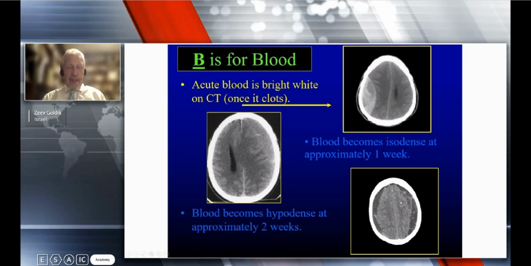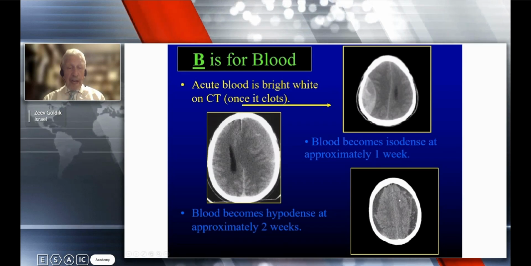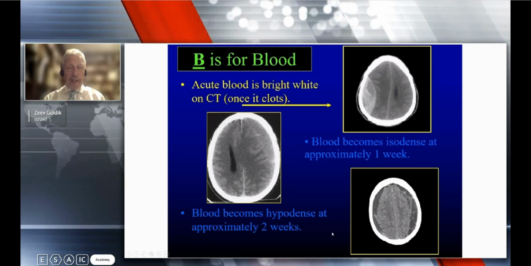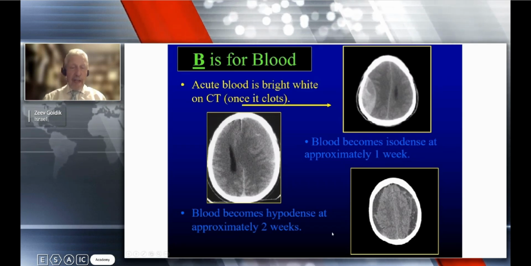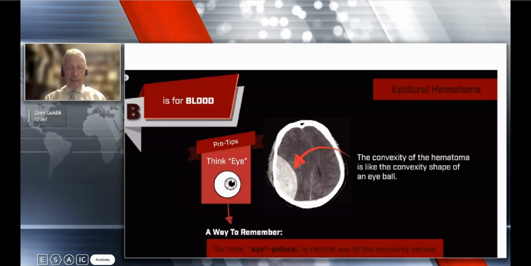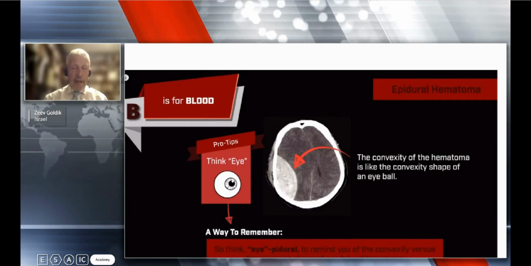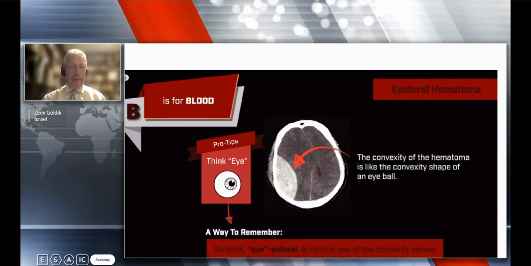And only after 2 weeks, it becomes hypodense, as we can see here. So you can know the history, whether it is a recent phenomenon or something that happened 2 weeks before.